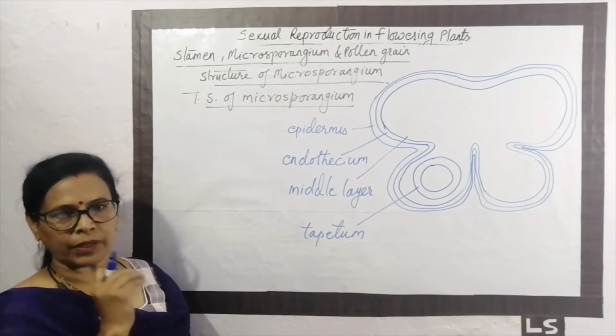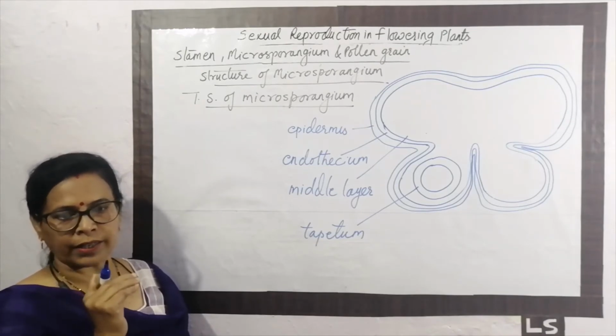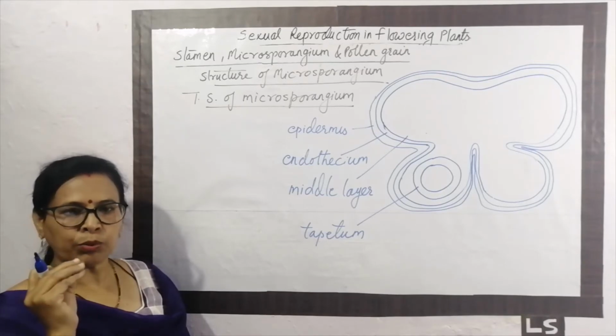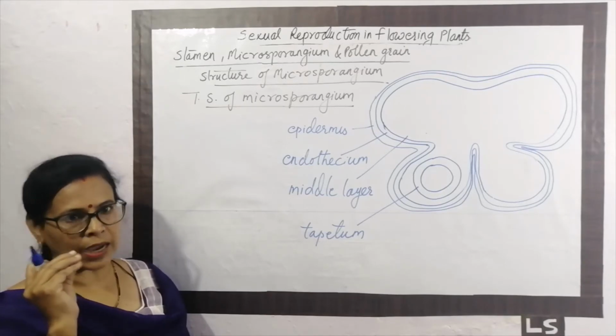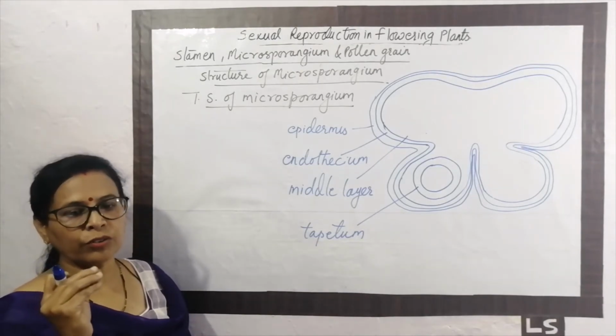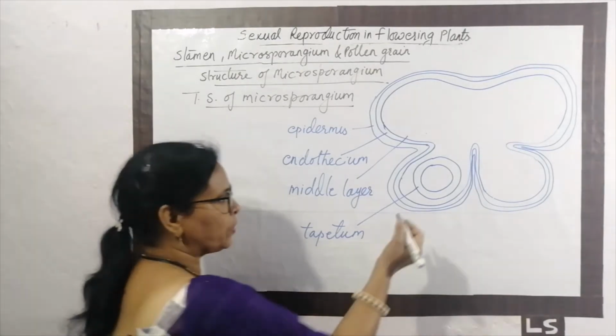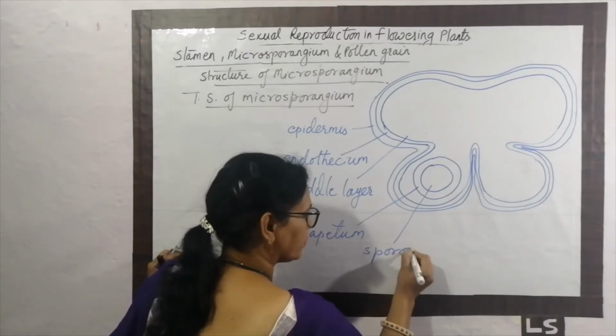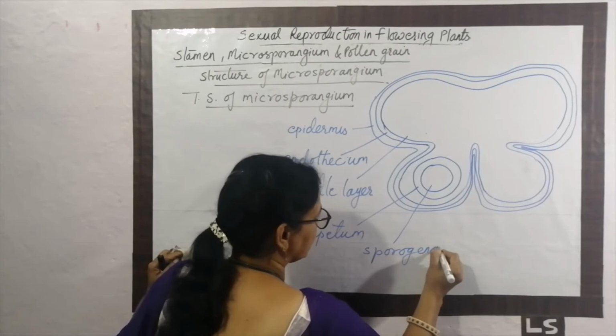It is the innermost layer, and actually it is the place where the sporogenous tissues are present, which is responsible for the formation of spores. Okay, what is present inside this is the sporogenous tissue.